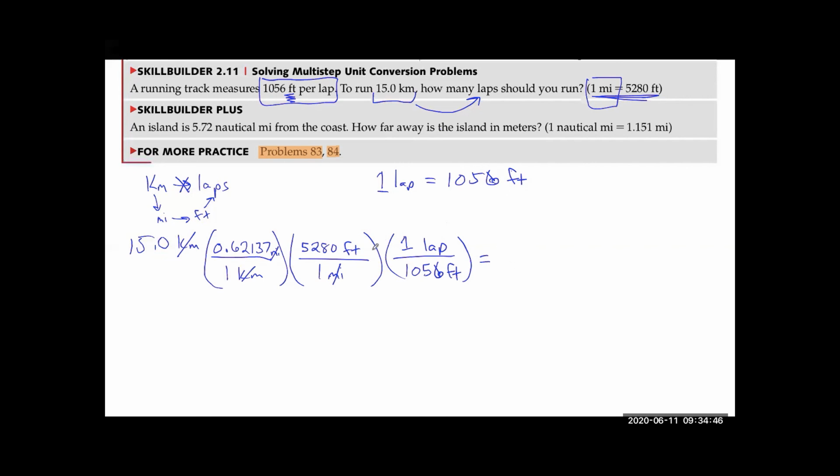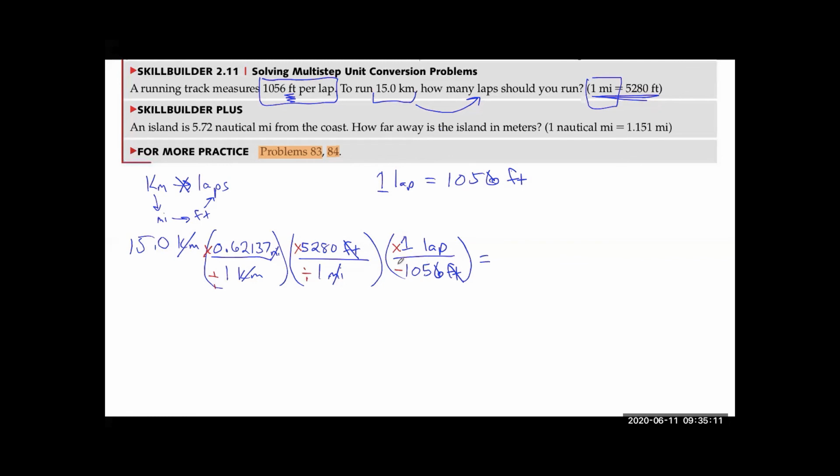Now I'm ready to do my math, right? Because feet and feet cancel out, and now I'm left with laps, which is what I want. So mathematically, what you're doing here is the same rules. Whatever numerical value is on top, you're going to multiply by. Whatever numerical value is on the bottom, you're going to divide by.